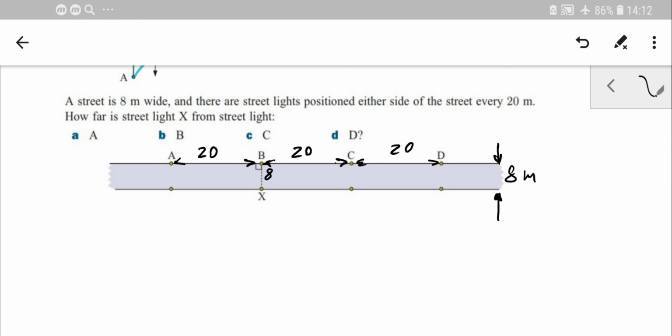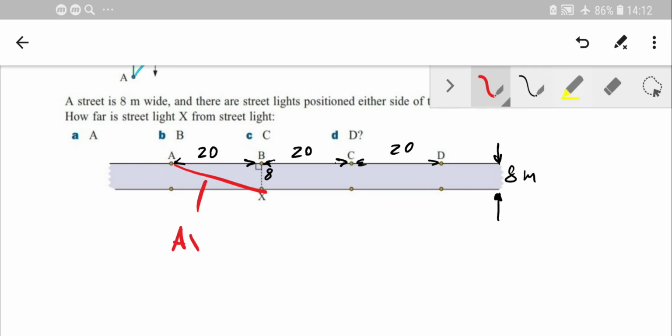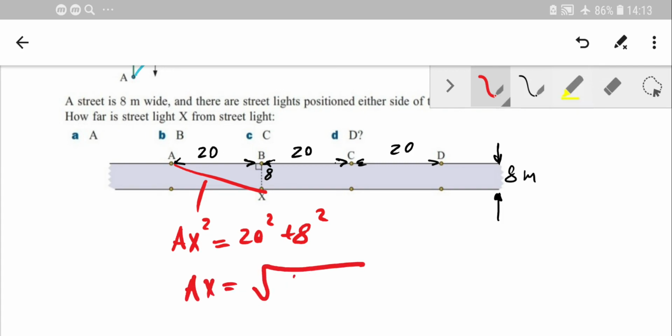Okay, how far is street light X from light A? So this is 8, and what you're supposed to find is this distance. All right, so we have a right angle triangle, so this distance AX squared is 20 squared plus 8 squared, so we'll get AX as square root of 464. Okay, so next one from B. From B it's simply 8, right?